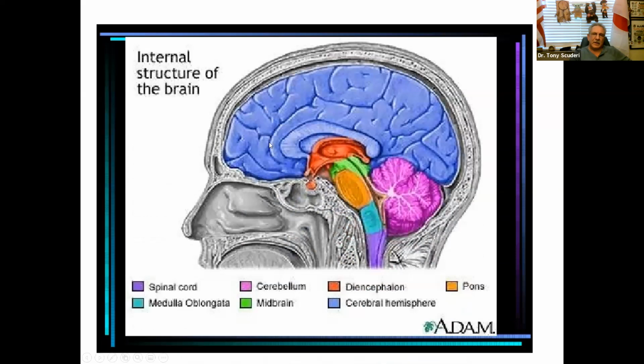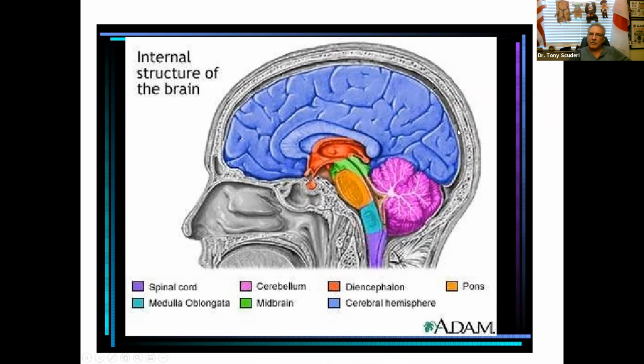Okay. So we take a look at this internal brain, and I want to start up top here. If we take a look at this structure right here that I'm tracing, this is your skull. This is your head, your skin, right? Several layers. And I also want to call your attention to this little area right here. We have the brain, we have the skull, but there's an area right along here.